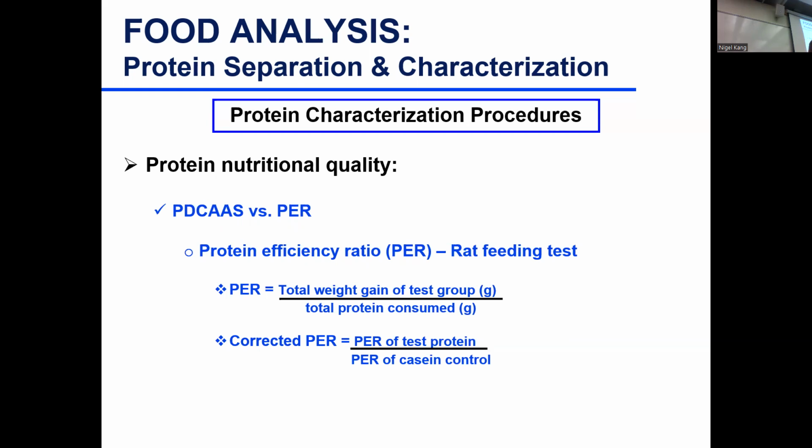And then we need to correct this protein efficiency ratio with the control food sample, which is usually pasta.